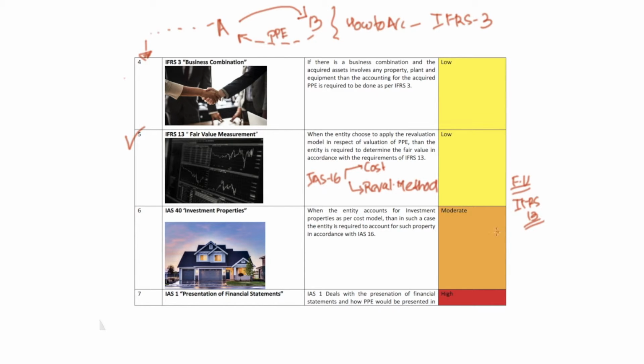Whenever an entity is applying the revaluation method, they need to look into how the fair value is required to be computed under IFRS 13.